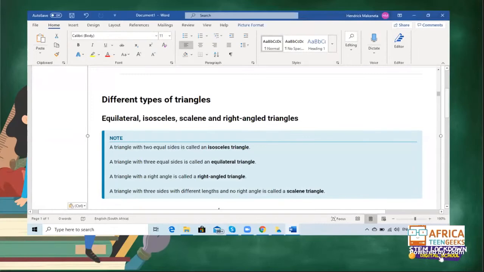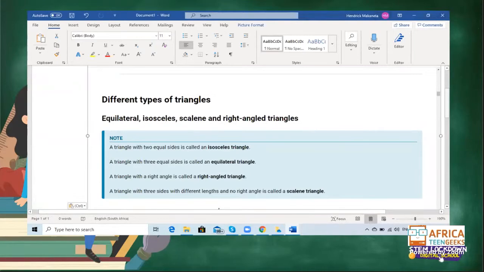In an isosceles triangle, two sides are equal, and once two sides are equal, then you know that you are talking about the isosceles triangle. We also have an equilateral triangle. You should know by now that in an equilateral triangle, all three sides must be equal.